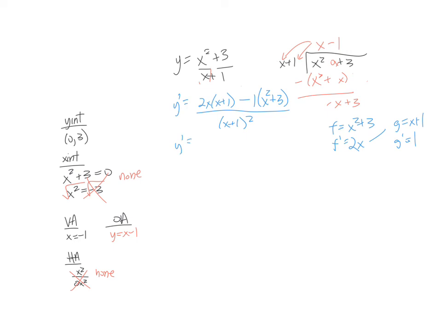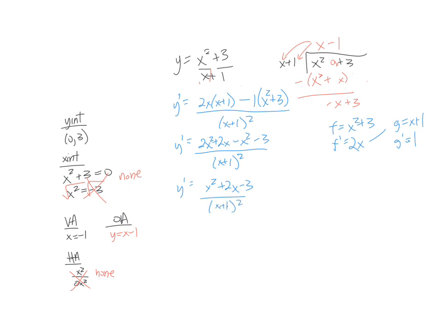So our top would simplify to 2x squared plus 2x minus 1x squared minus 3, all over the bottom squared still. And let's clean up the top a little bit more. So we'd have 2x squared minus 1x squared, which would just give us 1x squared plus 2x minus 3.